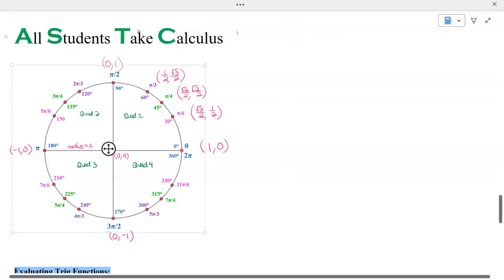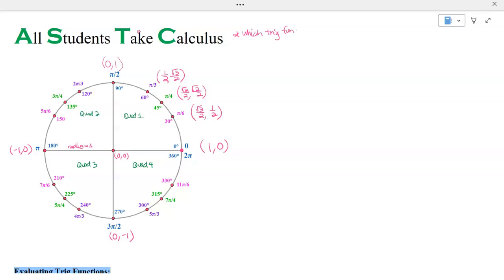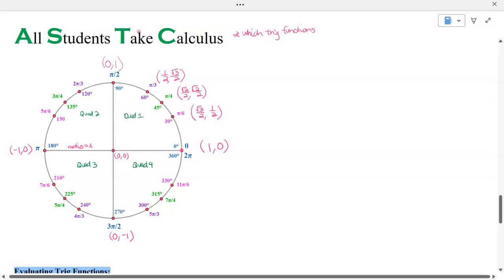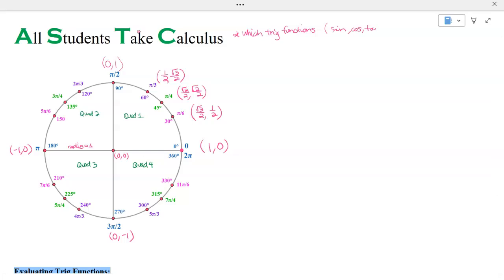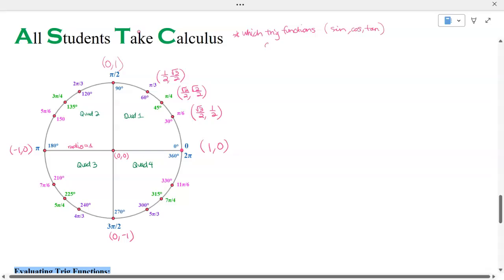What this tells us is which trig functions, and when I talk about the trig functions, you're talking about the basic ones, sine, cosine, and tangent, are positive in each quadrant.